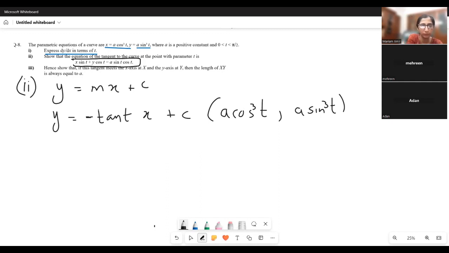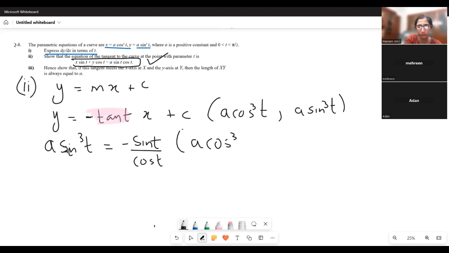Let's replace y with a sine cube t, equals, instead of minus tan t, I'm going to write minus sine t upon cos t, because the required equation above does not have any tan in it. So rewrite tan as sine over cos. Instead of x, I'm writing a cos cube t, and then plus c.